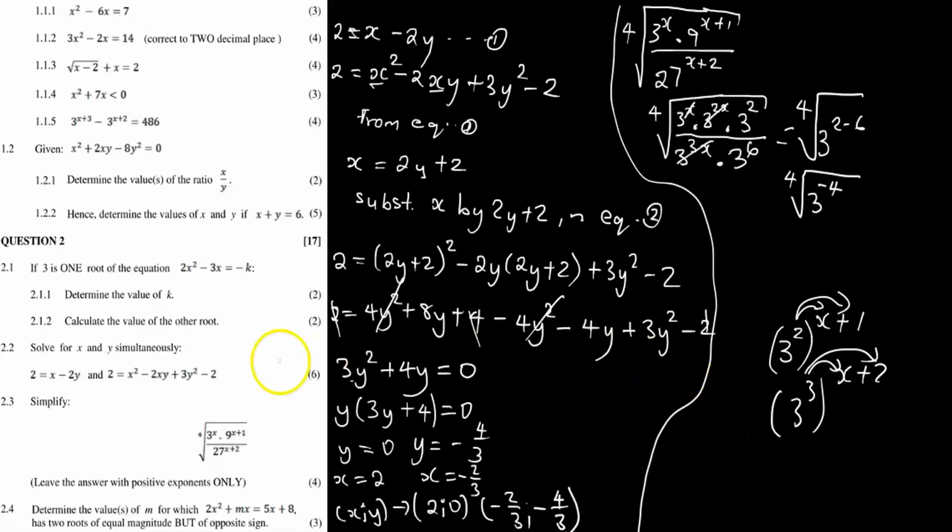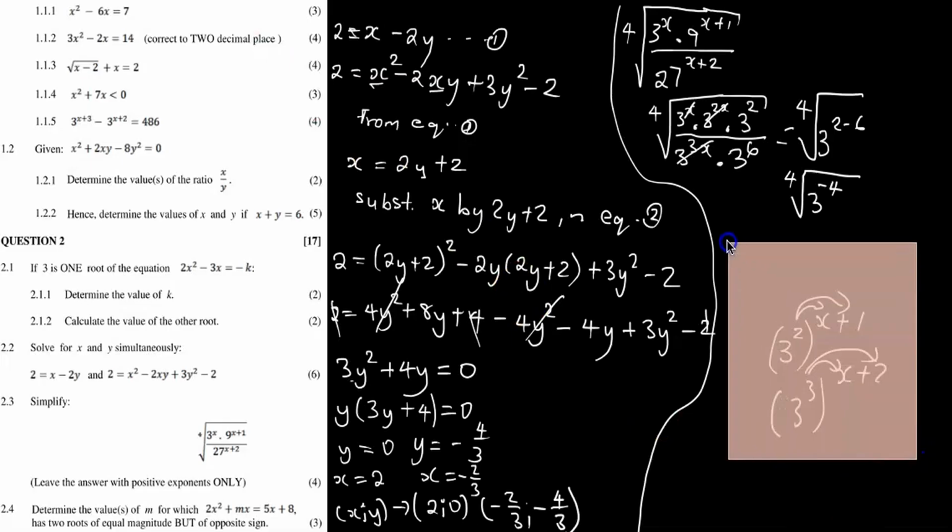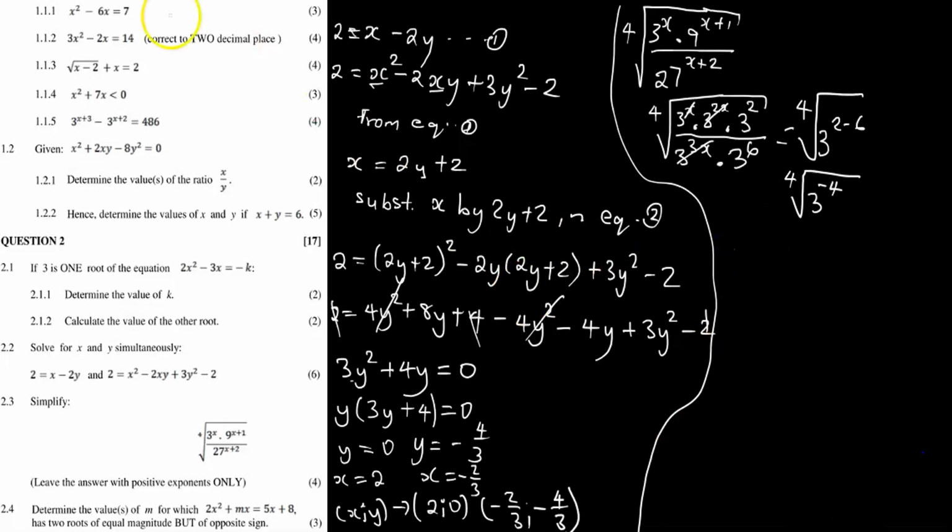And then remember they said to you, leave the answer with positive exponents only. So this actually gives us 3 power negative 4 to the power of 1 over 4. You know that the root is 1 over, so it gives us 3 power negative 1, which is the same as 1 over 3 power 1.